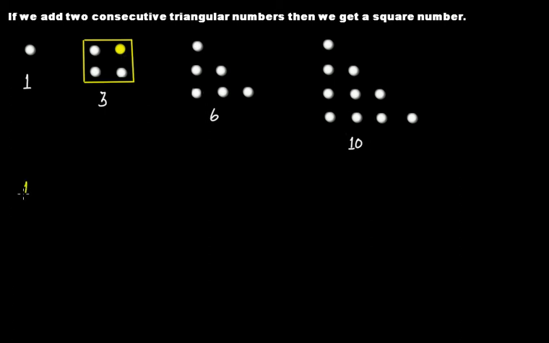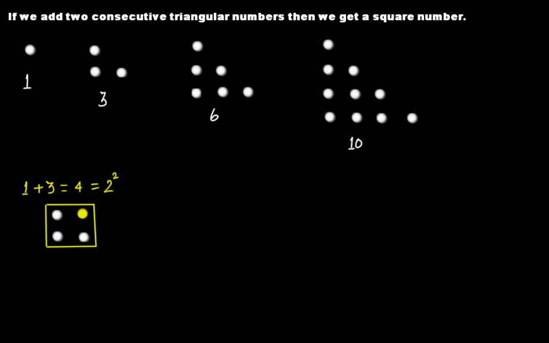So 1 plus 3 gives us 4, that is 2 squared, right? And this is a square number. Let me copy it here. Now let's remove this one.